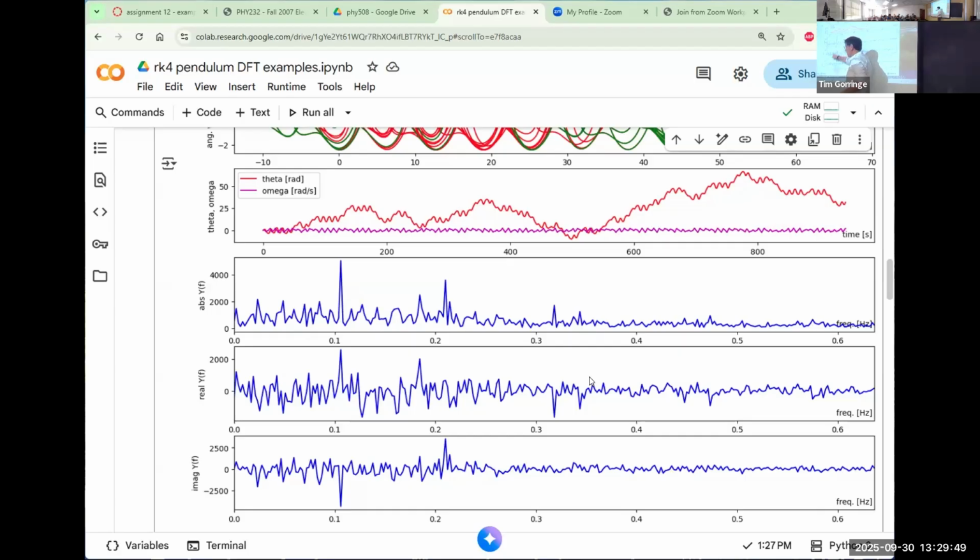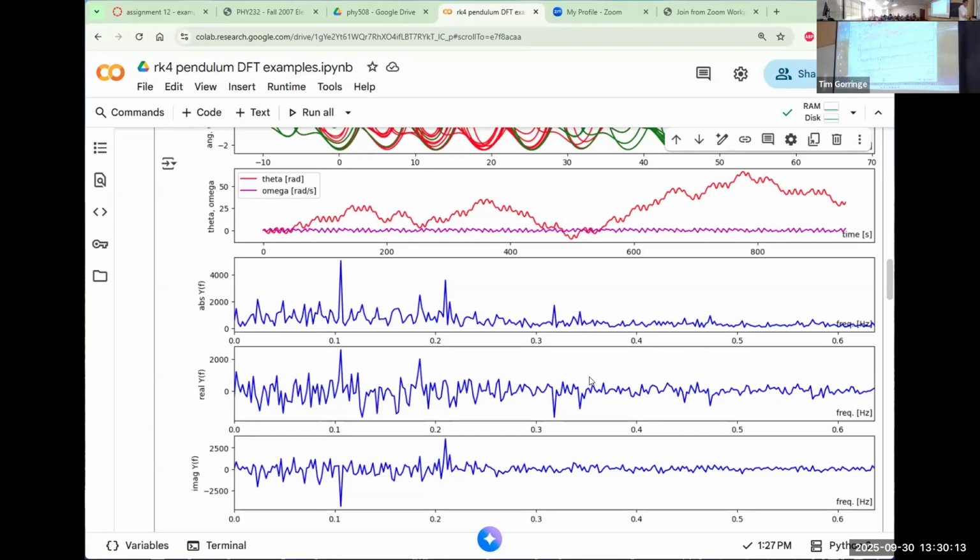You still see the driving frequency and its harmonics, because the driving frequency is still pushing or pulling on the pendulum. You see the driving effects in the pendulum motion.